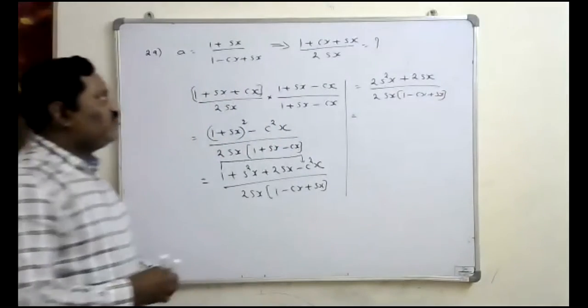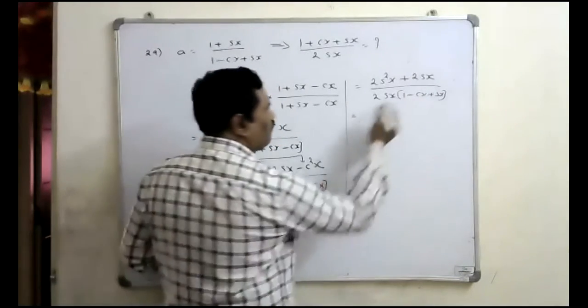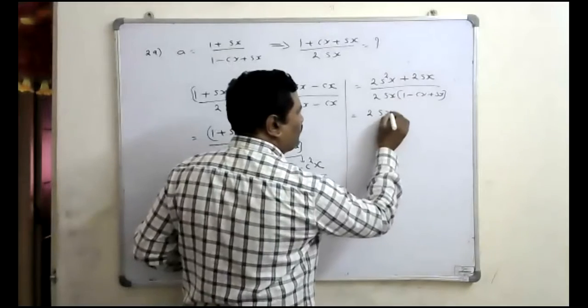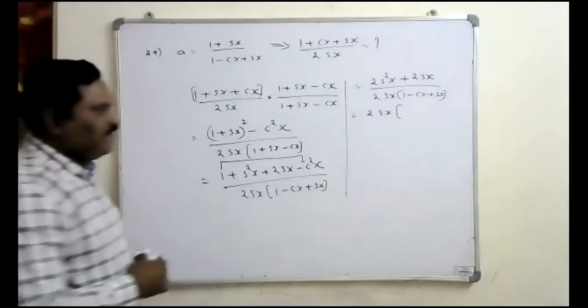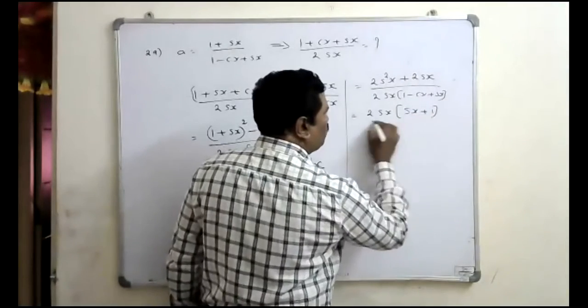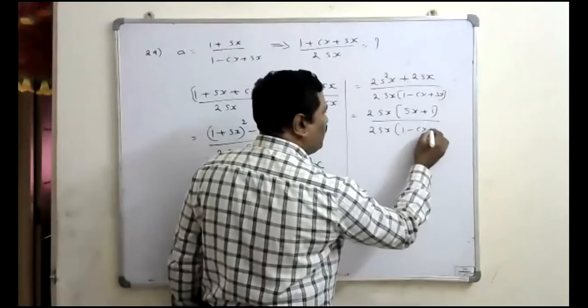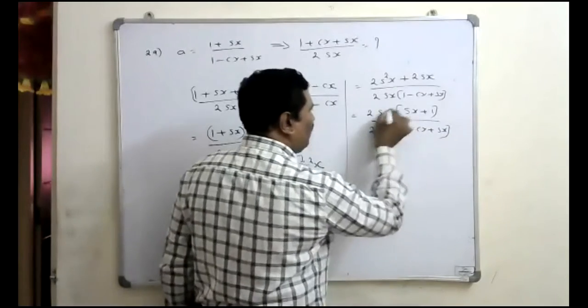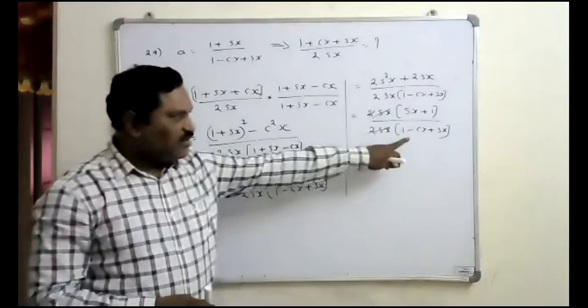So from the numerator, what can we take common? 2 sin x common, and what remains? Sin x plus 1, upon 2 sin x into 1 minus cos x plus sin x. Sin x is getting cancelled, so we got the remaining term.